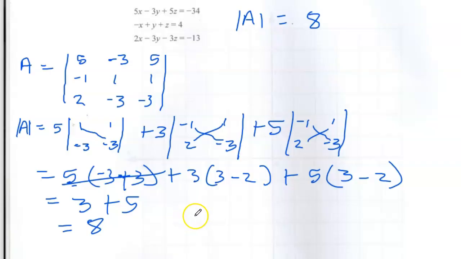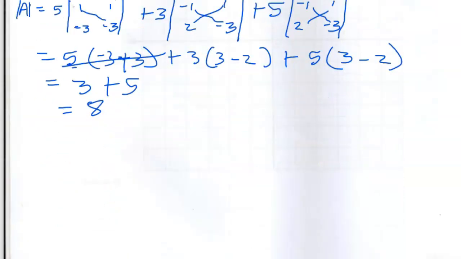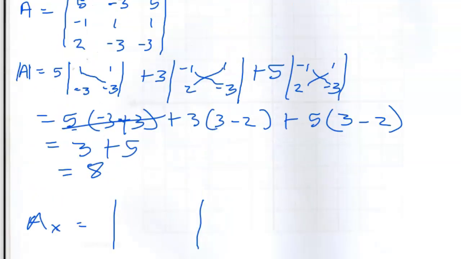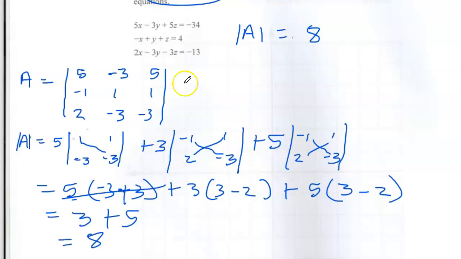So we need to form 3 more matrices. Let's find A subscript X. Now, how do I get the matrix A subscript X? All we'll be doing is the same process, but the first column in A, we're going to replace with whatever is on the right hand side.